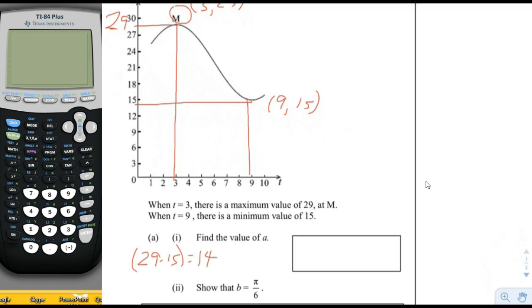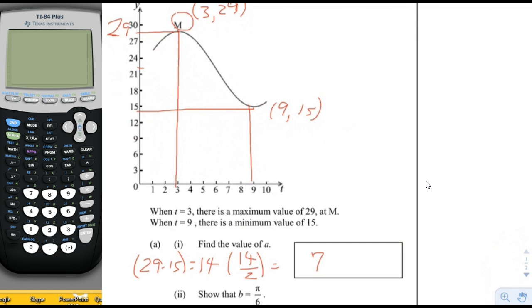And then you take 14 and divide it by 2. And that is equal to 7, which is the value for a. So if it's 7, then the mean line, the line that goes through the middle of everything, is at the value y equals 15 plus 7, which is 22. It's right in the middle of 29 and 15.